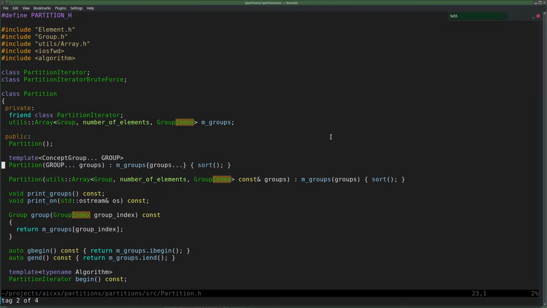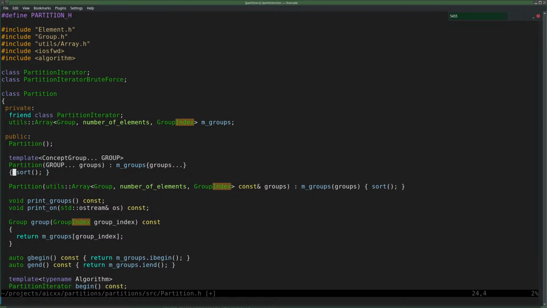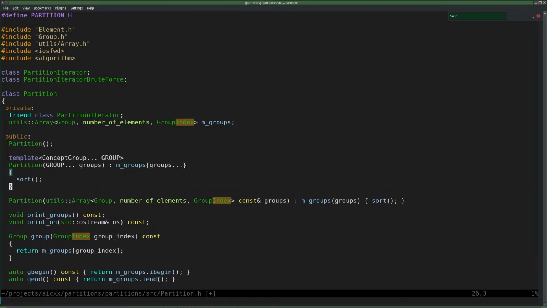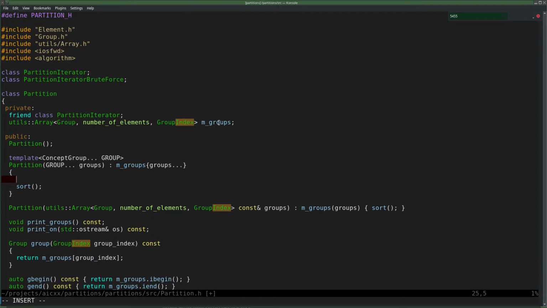Really? So I have to extend this thing and zero initialize m groups. Maybe before we call this, no. That's ridiculous, man.